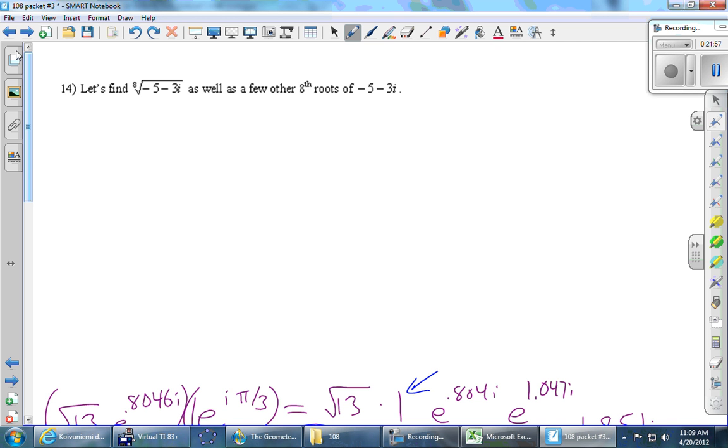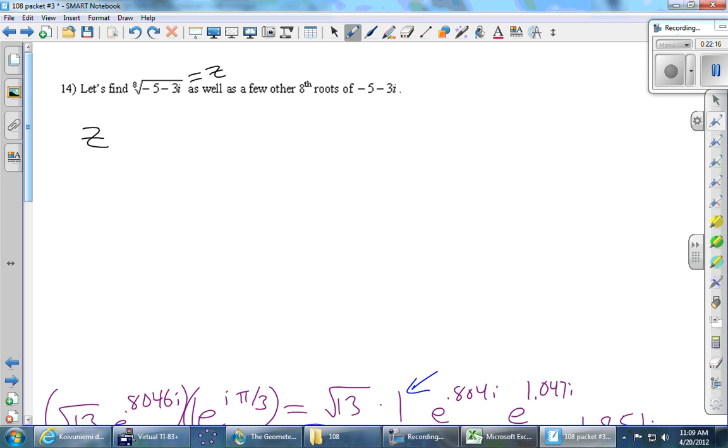Okay, so the 8th root of that number, what does it even mean? All right, suppose that I just give a name to the 8th root of that number. I don't know what it is, but I'm just going to call it z. By the way, z is the standard name for complex numbers, like x is the standard name for real numbers. Okay, so I'm just giving a name to that. What does it mean?